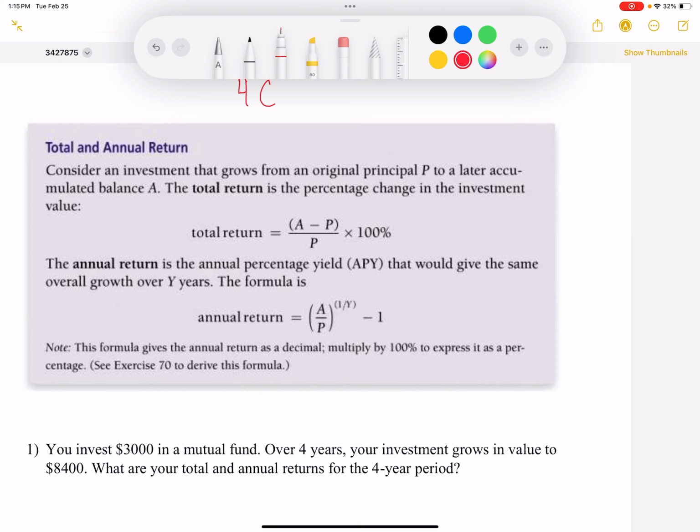So the total return would be the accumulated balance, subtract the principal, all over the principal, times 100%.